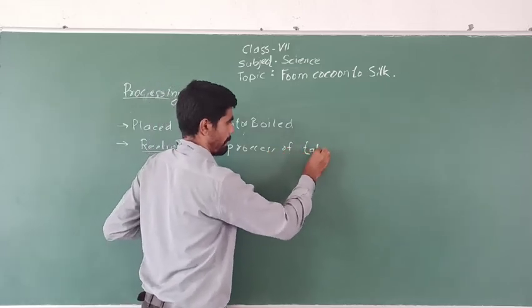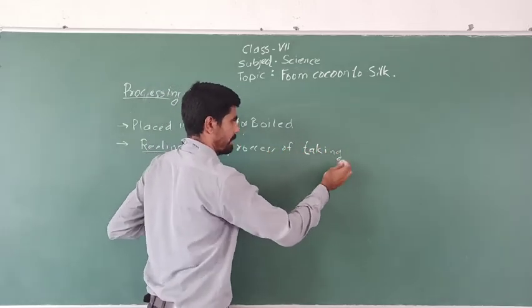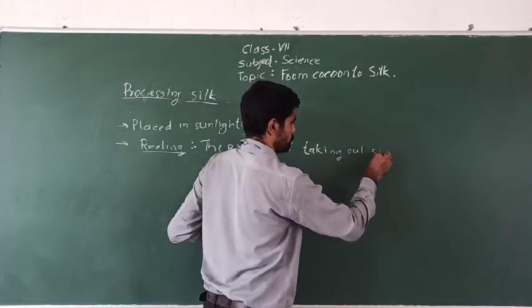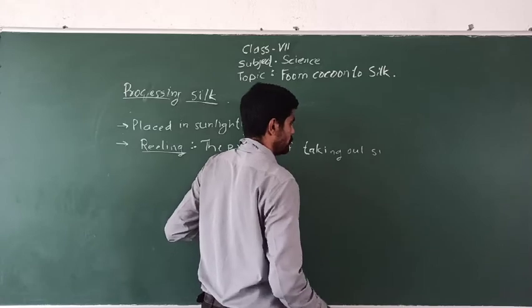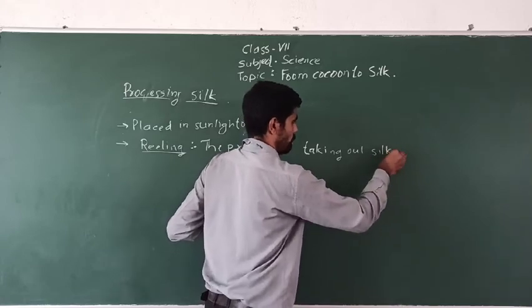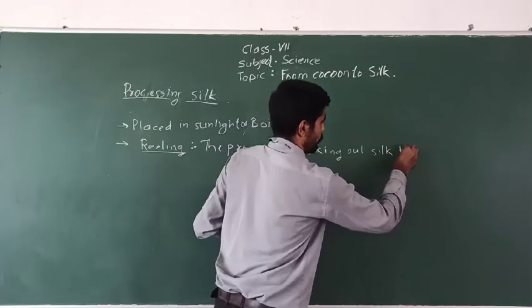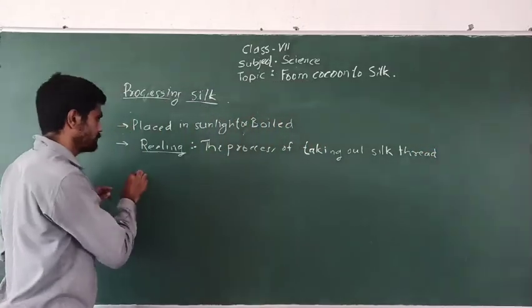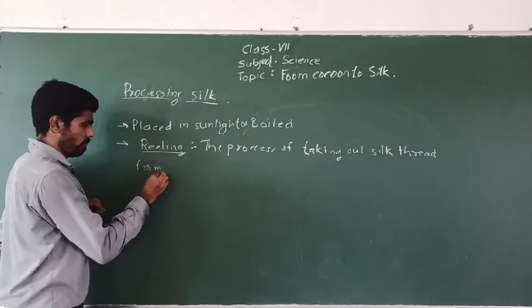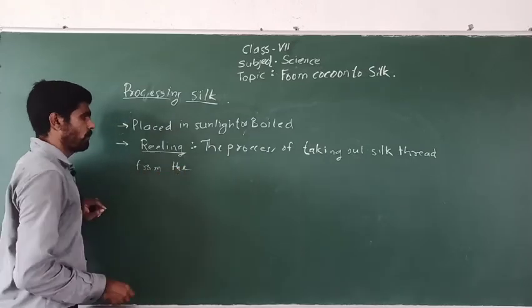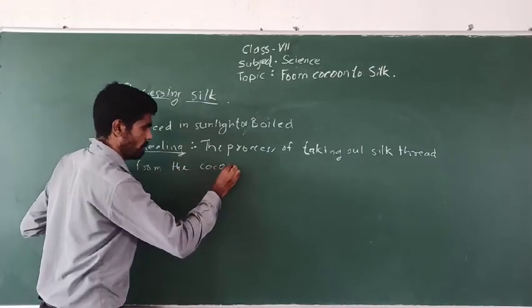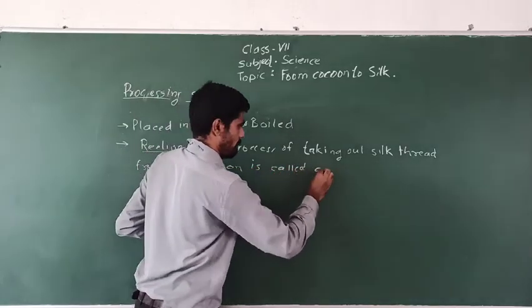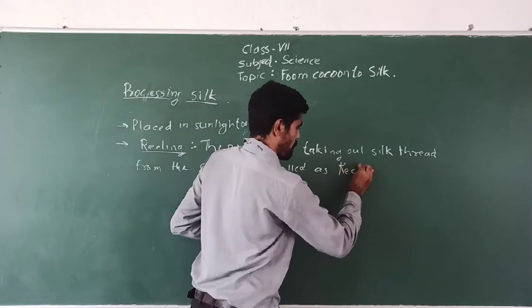The process of taking out silk thread from the cocoon is called reeling of silk.